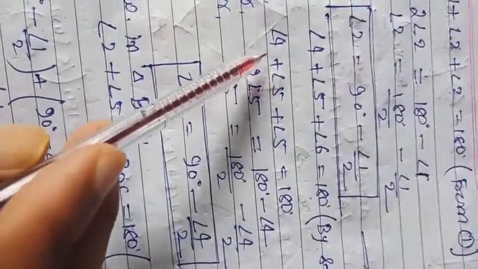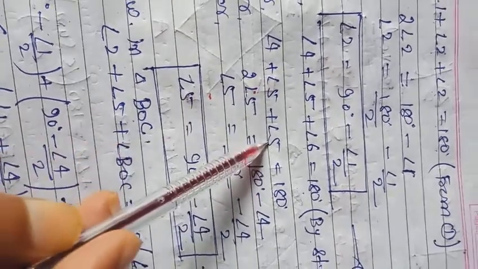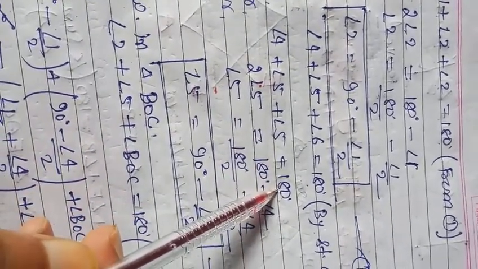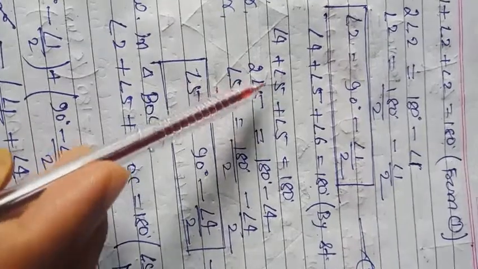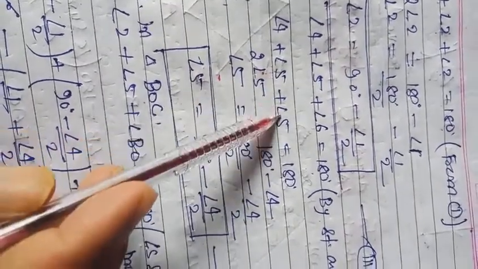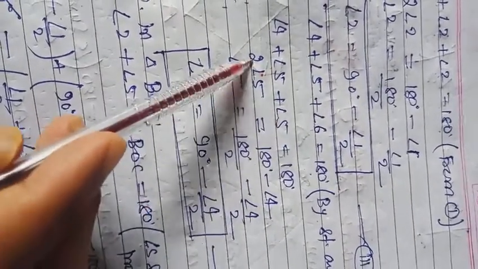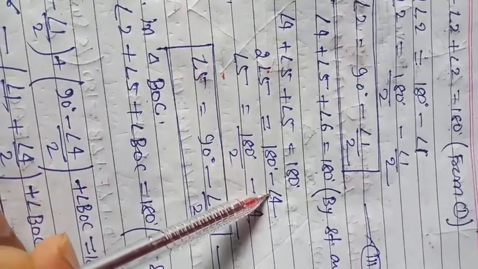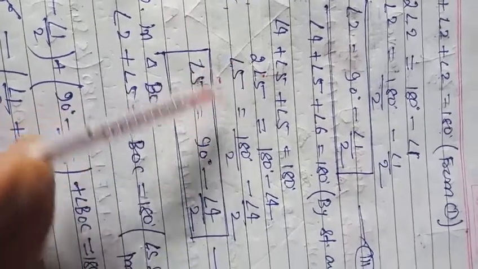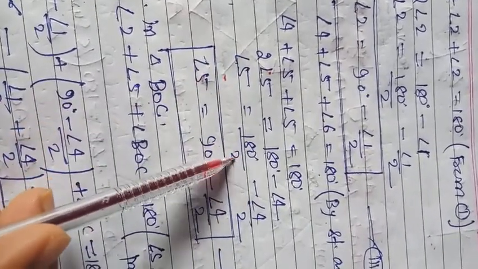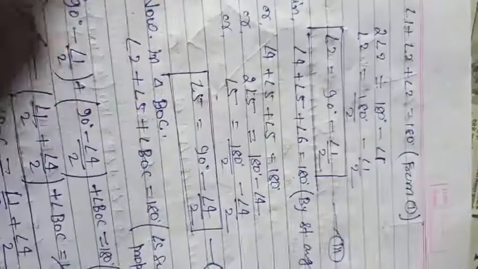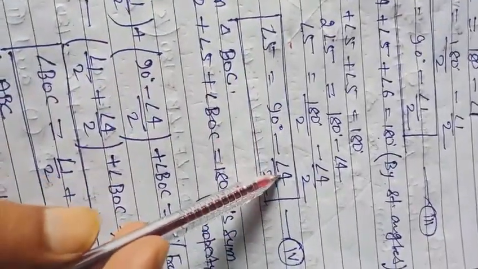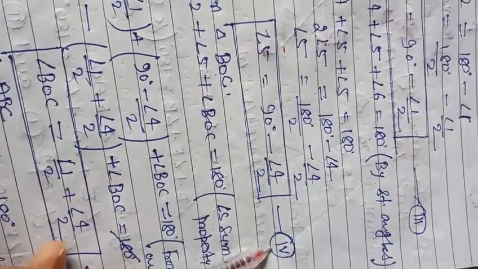So we can write here angle 4 plus angle 5 plus angle 5 is equal to 180 degree. 2 times angle 5 is equal to 180 degree minus angle 4. Side change, angle 5 equal to 180 degree by 2 minus angle 4 by 2. So we can write angle 5 is equal to 90 degree minus angle 4 by 2, and this is the equation 4.